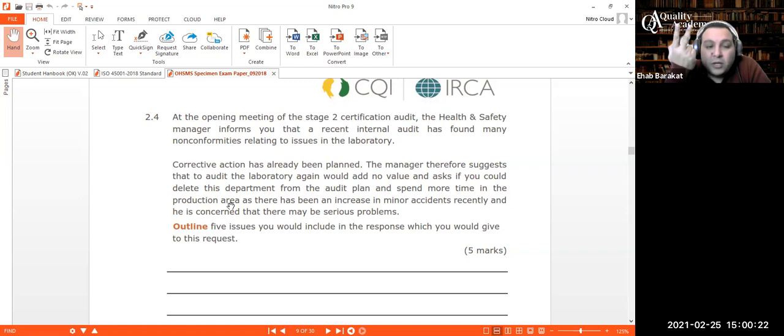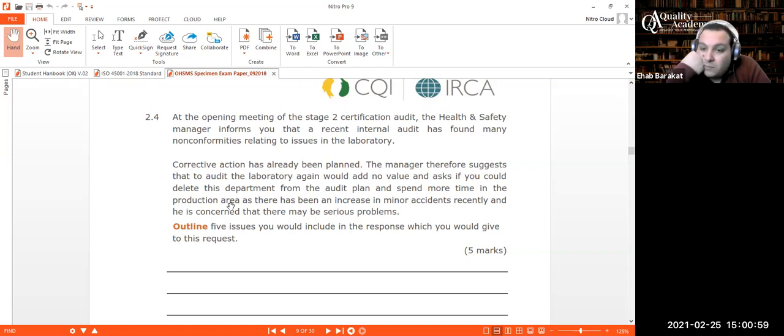Third response, when I am reviewing the corrective actions taken by your side while we are auditing this department, we can decide the effectiveness of these corrective actions, and that will help you know whether the corrective actions taken by your side are acceptable and effective or not. Fourth response, when we audit this department, we may find more non-conformities, and that will help you for improvement.